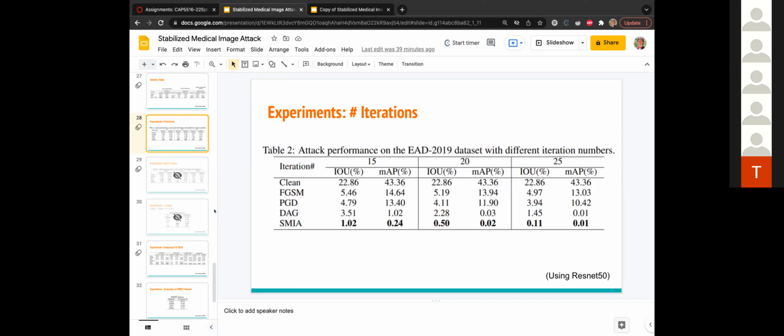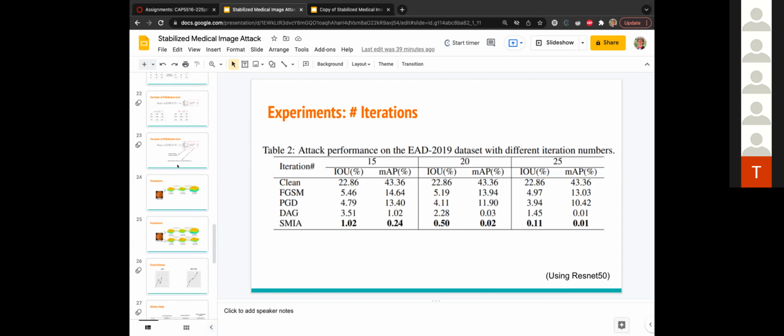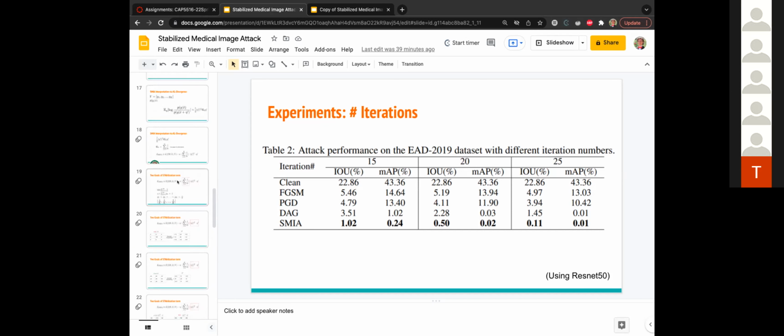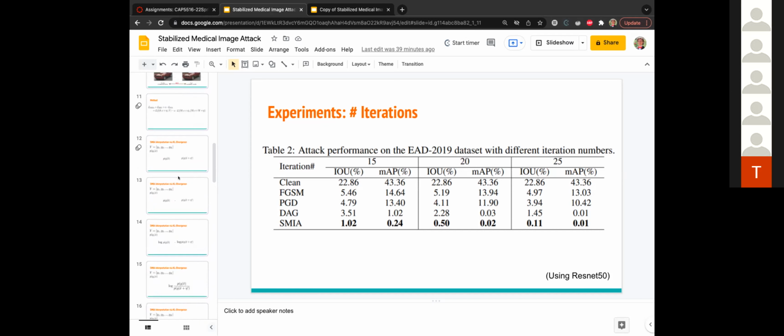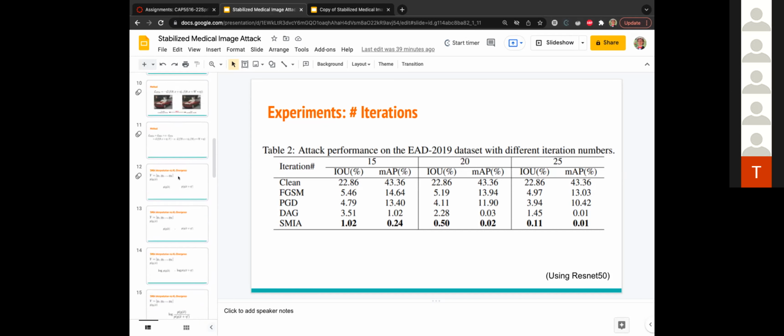I was also wondering, because their method seems to be generic, right? They mostly applied it to medical images, although they did MNIST. And you are right, I don't know why they chose this very small digit image.